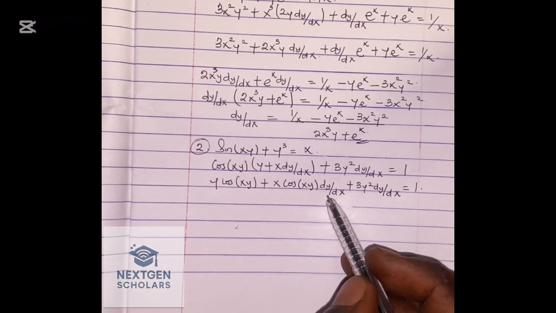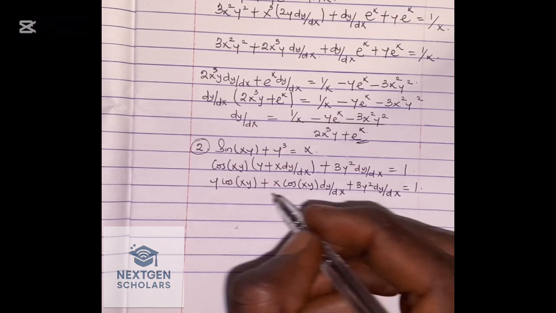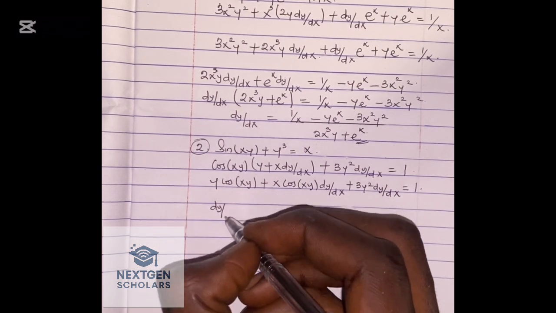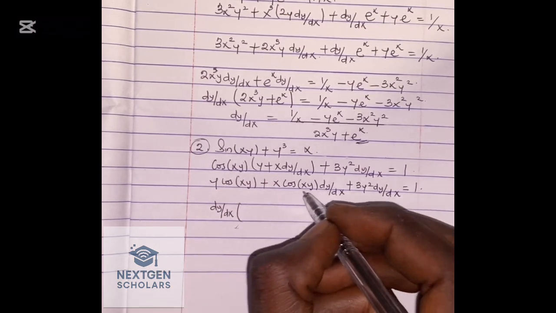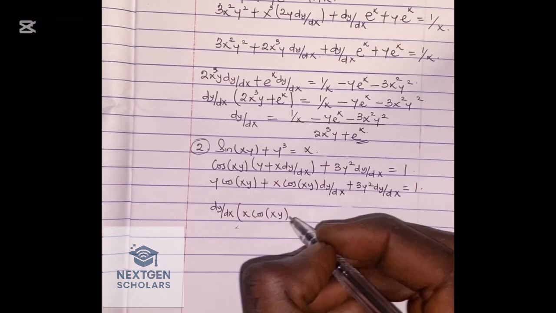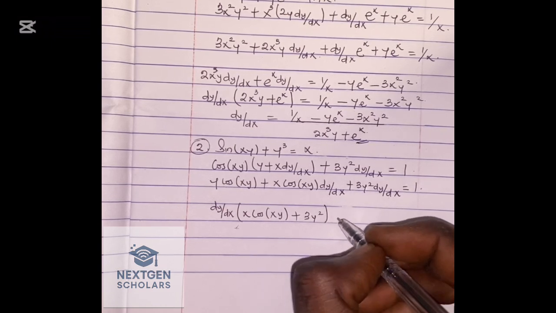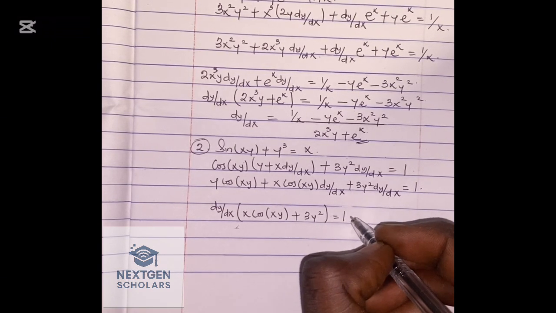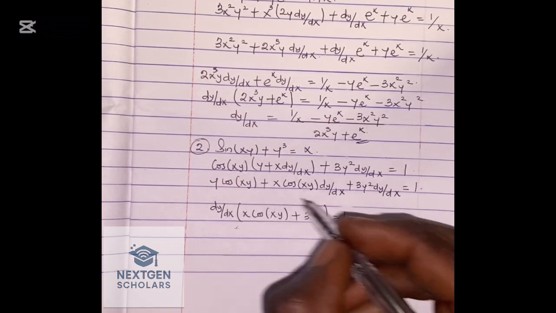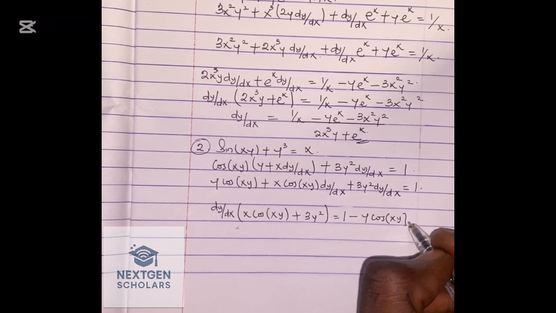Here we have dy dx, here we have dy dx. Let's put them together and factor them out. So we have dy dx times x cos xy plus 3y squared is equal to 1 minus whatever is left here, y cos xy.